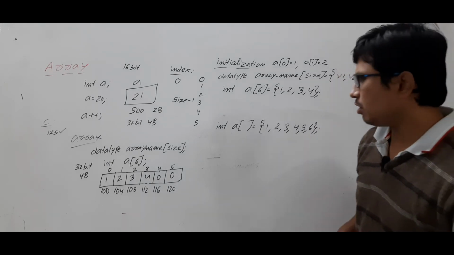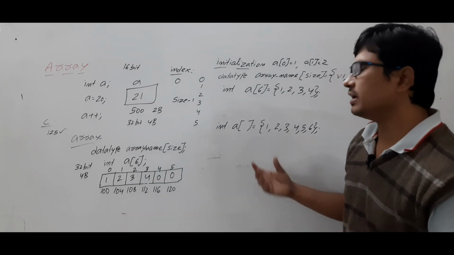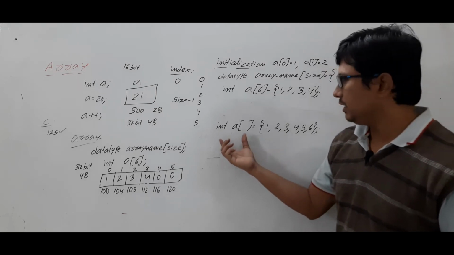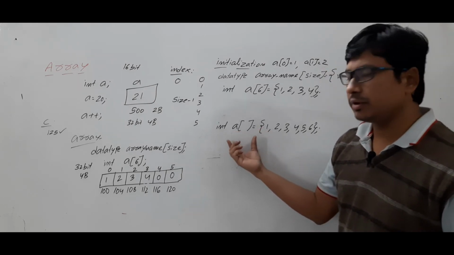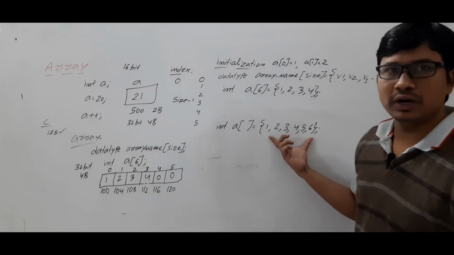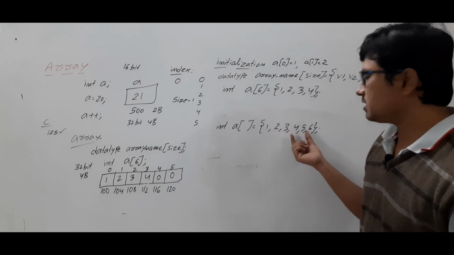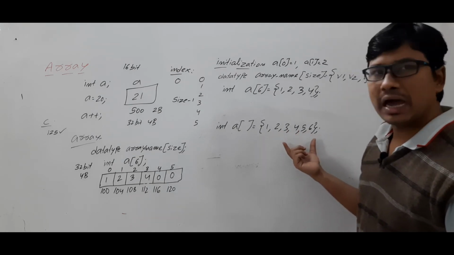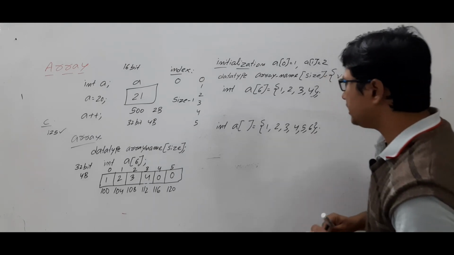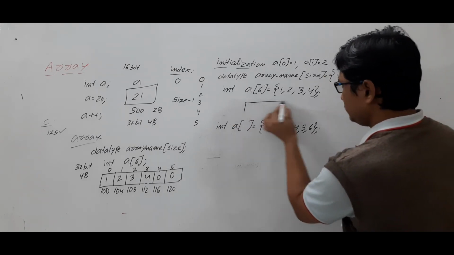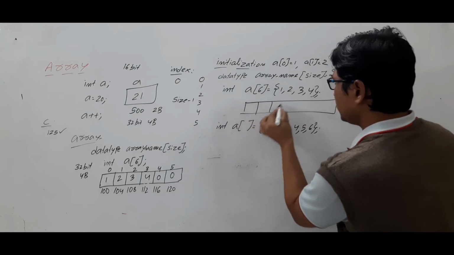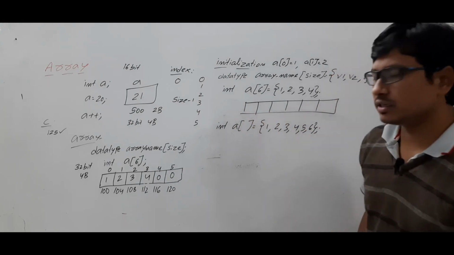Then what will happen? A lot of students will think that it is an error. It is not an error. It will allocate the memory based on how many values you are assigning here. As you are assigning 6 values, it will create an array which can store 6 integer constants.